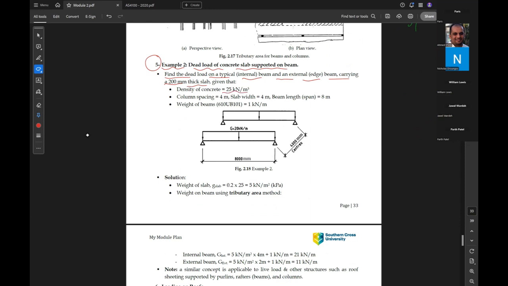Again, the density of concrete is 25 kilonewton per cubic meter. The column spacing is 4 meter, slab width 4 meter, beam length is 8 meter. The weight of the beam, for 610 UB 101, is 1 kilonewton per meter.